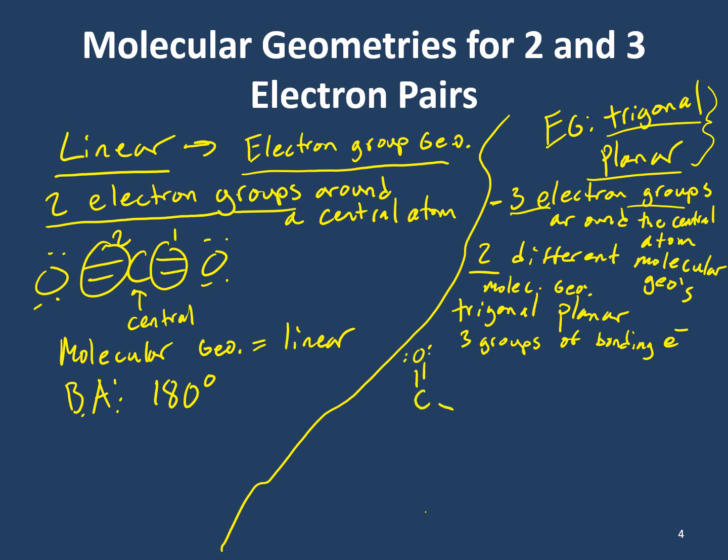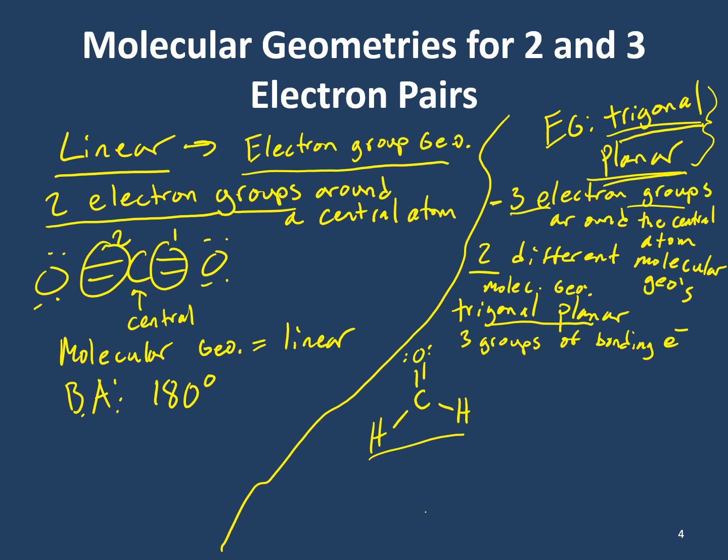So if we look at this guy, for instance, CH2O is a molecule with a Lewis structure of this, and it has both an electron group geometry of trigonal planar and a molecular geometry of trigonal planar, because we can count 1 group, 2 groups, 3 groups around the central atom. So we know the electron group geometry is trigonal planar.